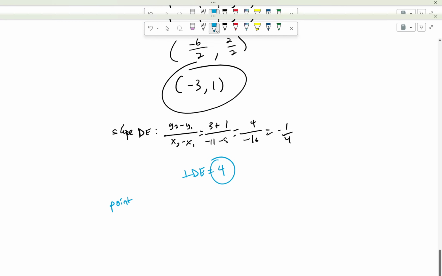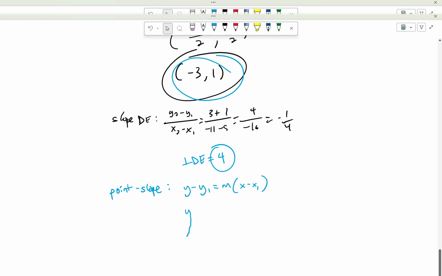Now let's use point slope. I could use, and I'll do this just for fun, y equals mx plus b as well. But point slope is y minus that one y sub 1, which is the one point I got over here, right? And then it's going to be the slope times x minus x sub 1. So in other words, I'm going to take y minus 1, right?